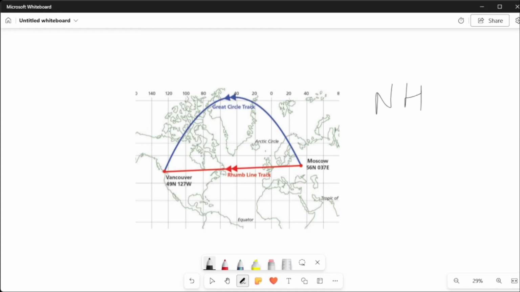This is not the case since the equator as well as a pair of meridian and anti-meridian is both a rhumb line and a great circle track. So hence option B is incorrect. Option C, a line of constant direction, is the correct answer.